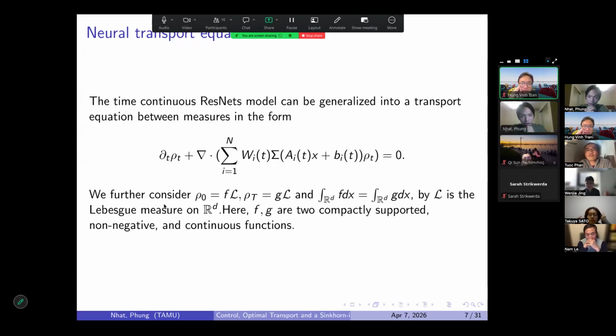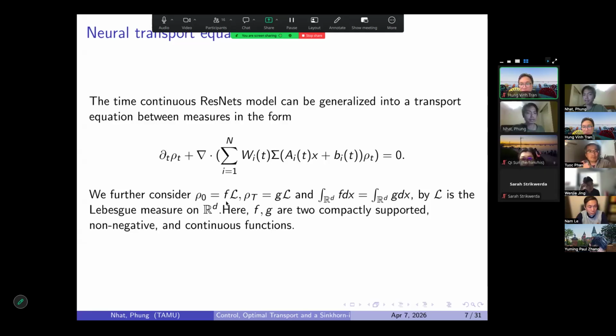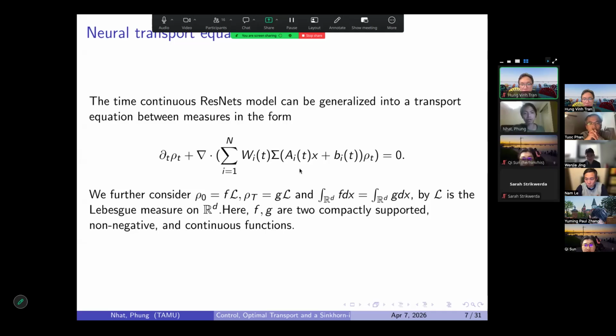Here, a measure might have many different forms, but we consider continuous testing. We define it with a density function, and it is absolutely continuous under the Lebesgue measure on R^d. Other authors also try different models. In this case, we do absolutely continuous under the Lebesgue measure.